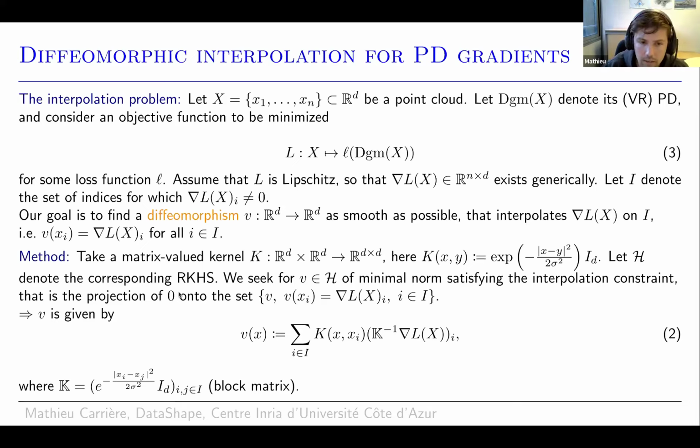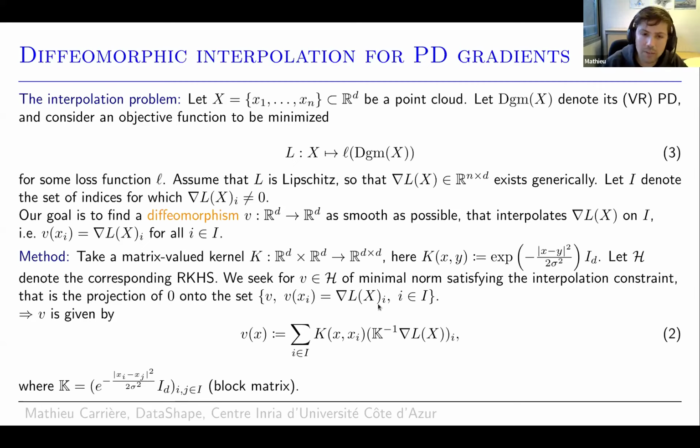I won't explain exactly how it works. Just remember it's a Hilbert space of vector fields with some interesting properties. At least you can think of it as a constrained space. I won't look for any vector field, but the one belonging to the RKHS of a Gaussian kernel, and in this space I would look for the vector field with minimal norm, or if you prefer, the projection of 0 onto the vector fields that satisfy the interpolation constraint.